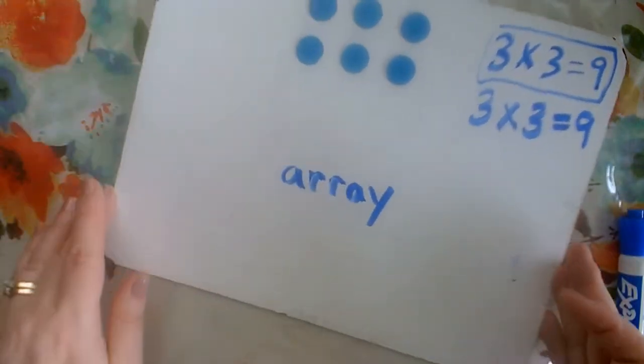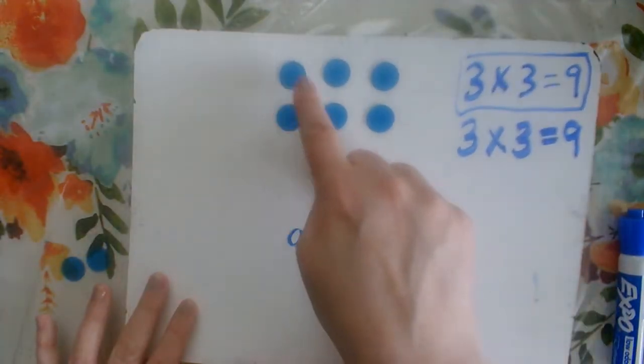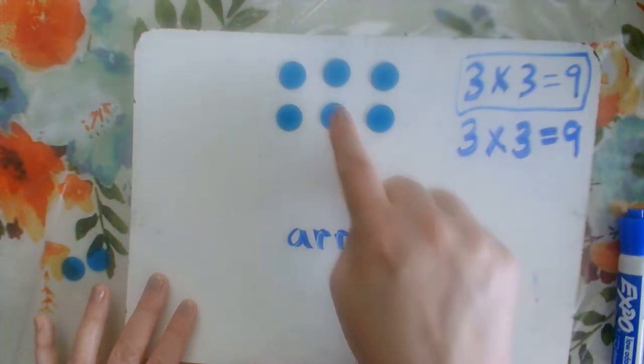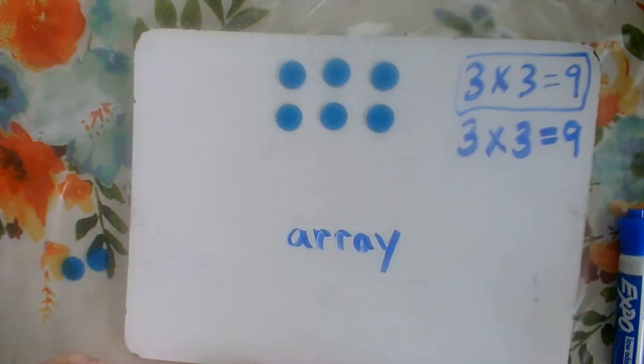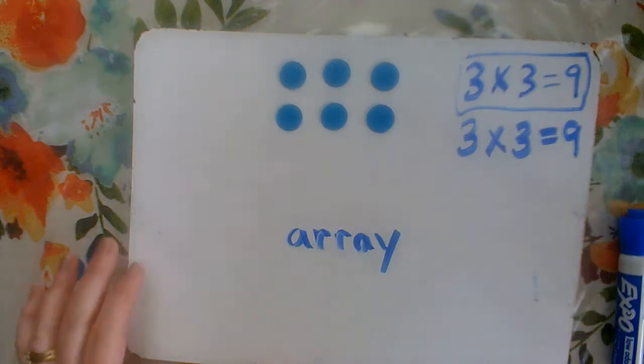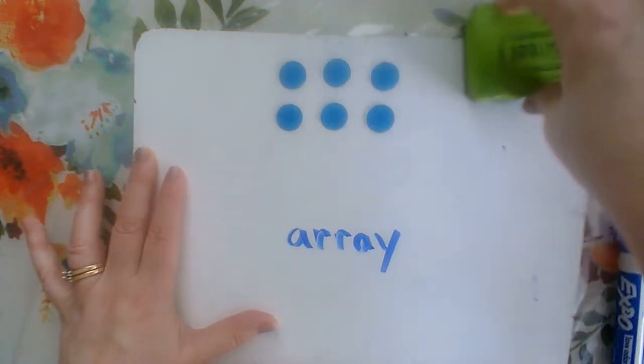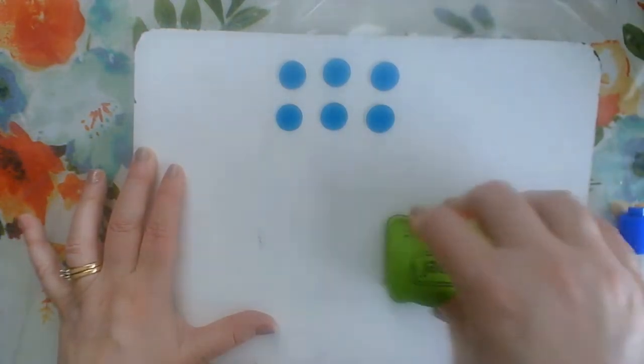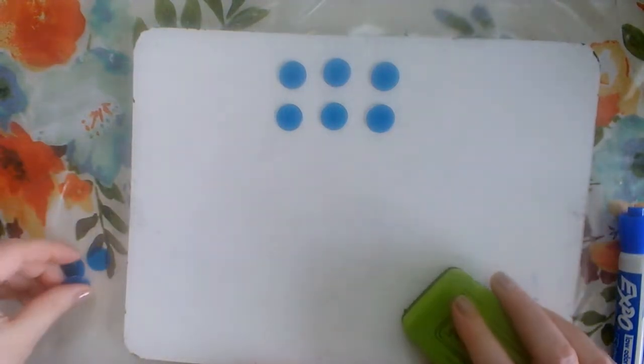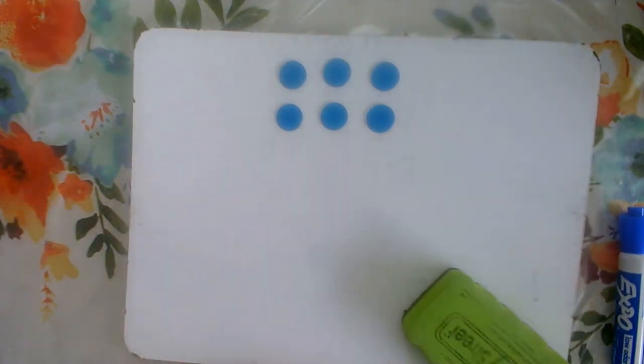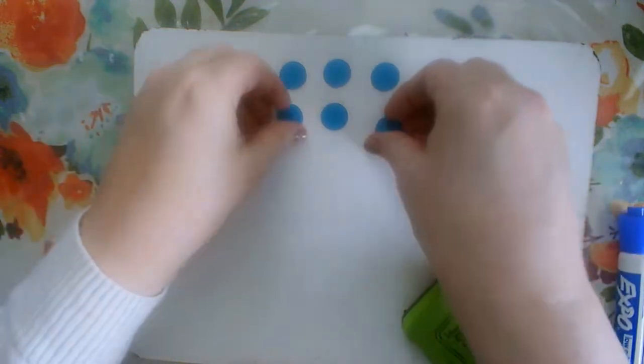Whereas when it was turned this way, I had 2 rows with 3 in them and 3 columns with 2 in them. All right, so that is what an array is. So I thought it would be interesting to go on a little house hunt and see if we could find some arrays around the house. And I'm going to take you on my house hunt now.